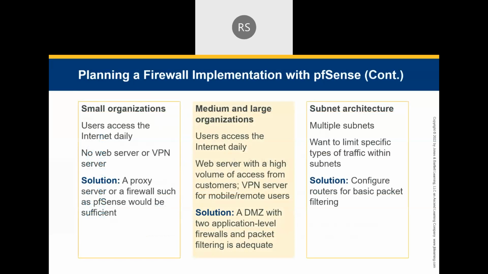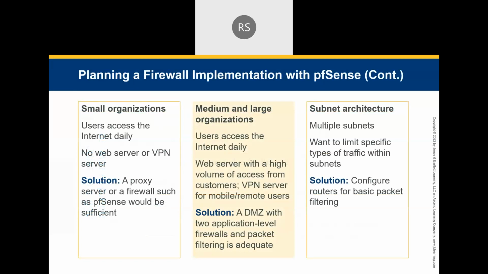Medium and large organizations, where the users access the internet daily, may have a web server with high volume access from customers and a VPN server for mobile remote users. The solution for this would need a DMZ with an application level firewall and packet filtering for enhanced security.